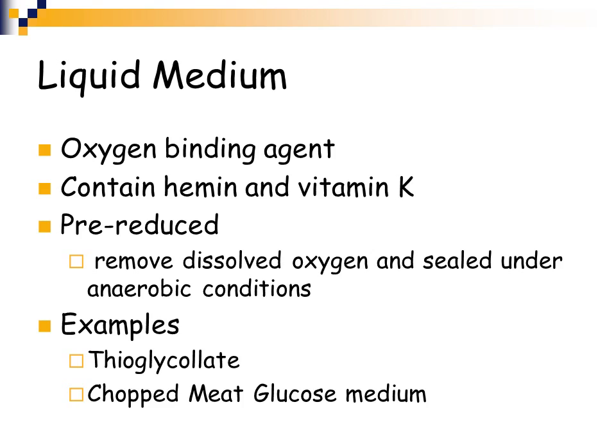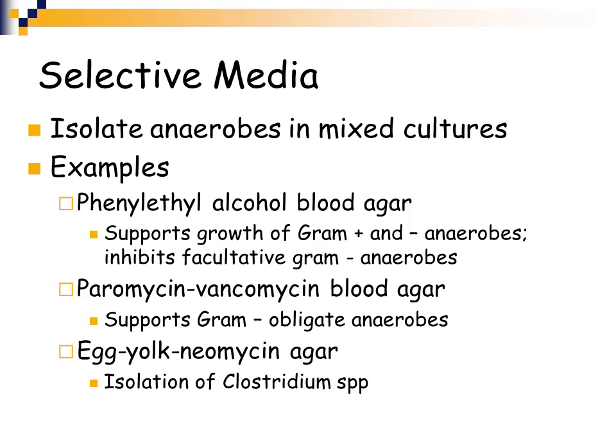So your liquid media, we already said thioglycolate broth is a very common all-purpose media, and it's one of the few media that will also allow anaerobes to grow in addition to aerobes and facultative organisms. And then the chopped meat glucose medium, I already said the genus Clostridium likes to grow in chopped meat glucose medium. Now our selective media allows you to select for anaerobes, especially those in mixed cultures. So we already said anaerobic infections tend to be polymicrobic.